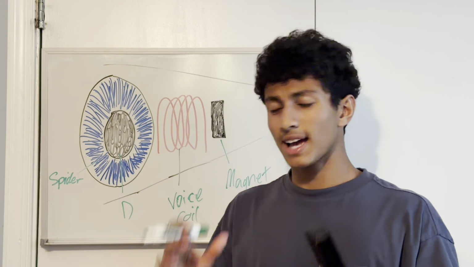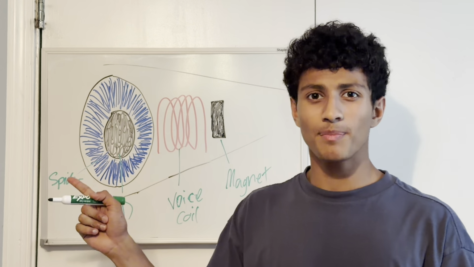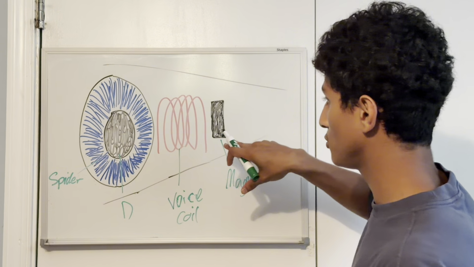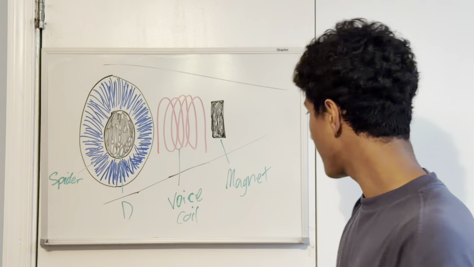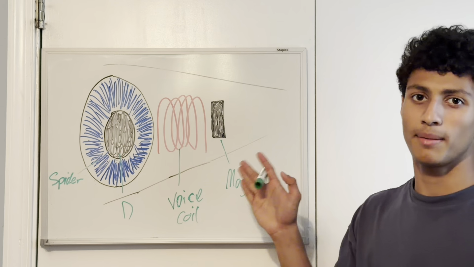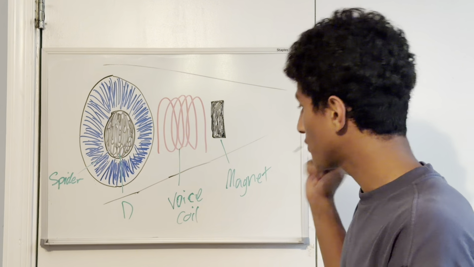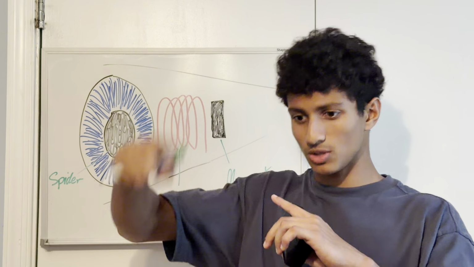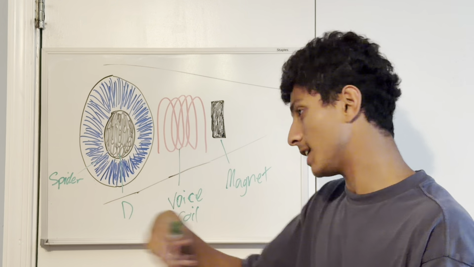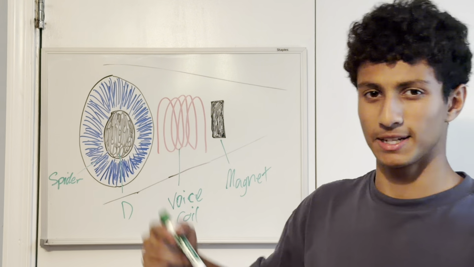Now going back to how we actually control this diaphragm, that's when we get into these last two main parts. We have something called the voice coil and just a regular permanent magnet. Now you'll notice that this voice coil, which in reality is just copper wound in a cylinder, I did my best to depict it.